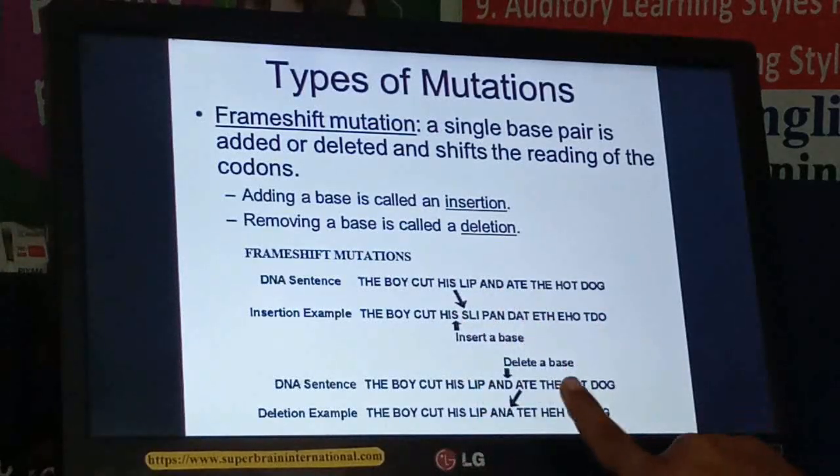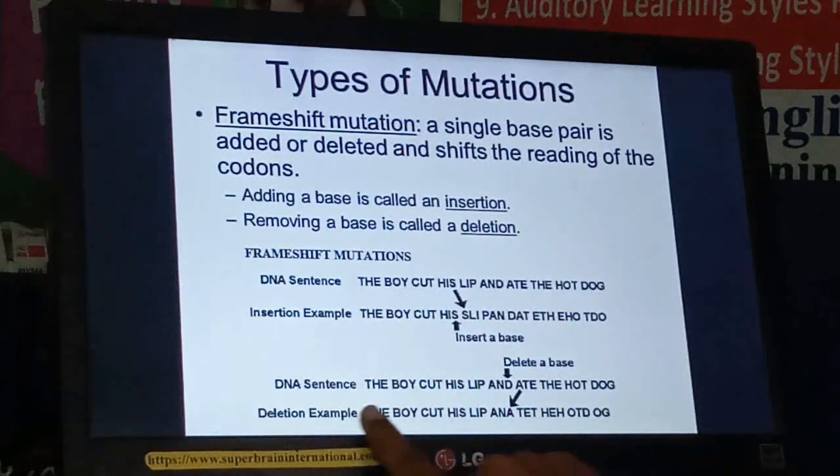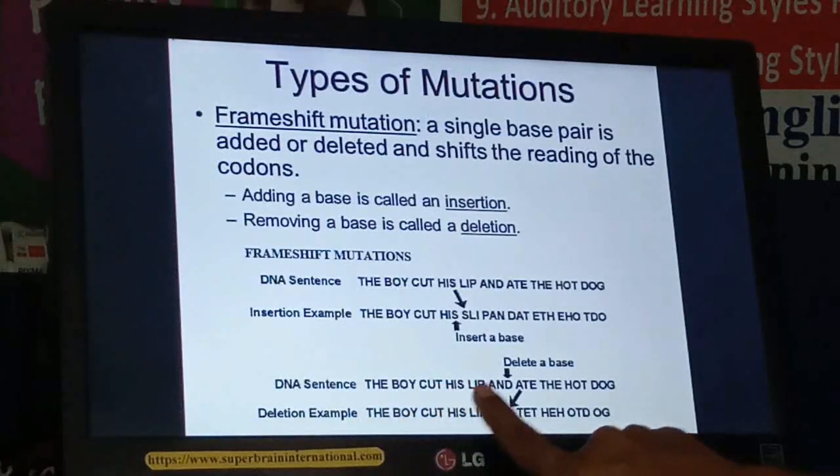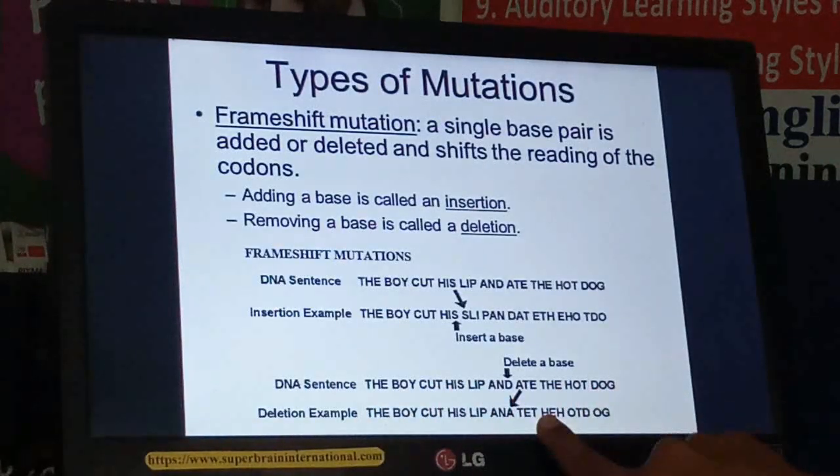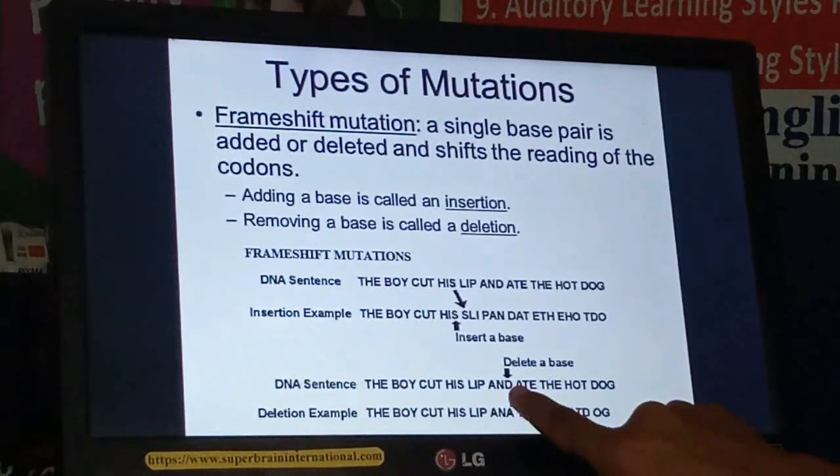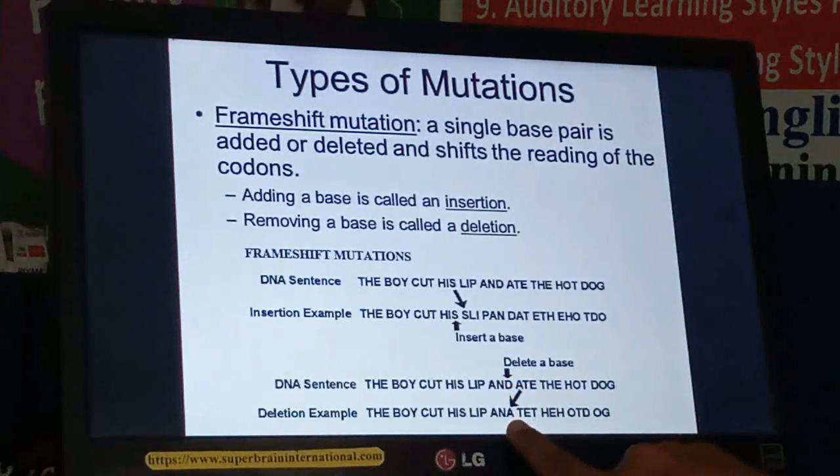Now frame shift mutation due to deletion. The same sentence is taken here: the boy cut his lip and ate the hot dog, and here the deleted base is shown. A and D are there, so D is deleted.